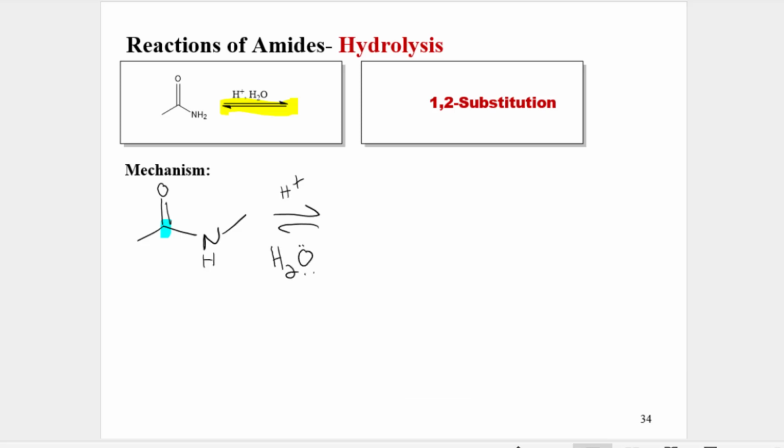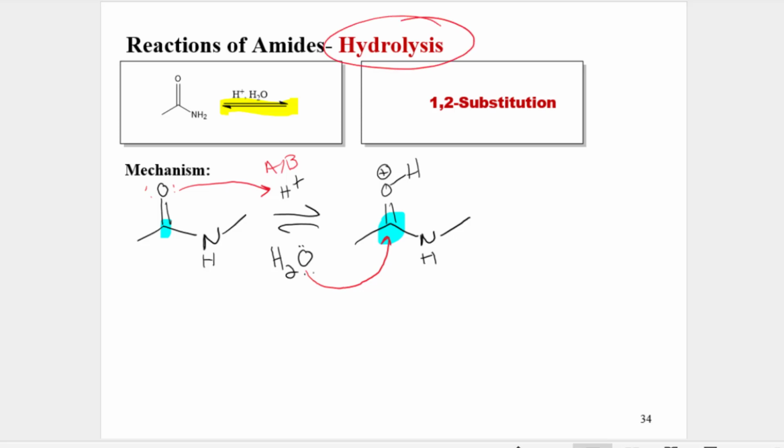We need acid-base chemistry first to get these carbonyls activated. We've seen that with the esters as well. Now that the carbonyl is more reactive, the weak nucleophile, in this case water, this is hydrolysis again, right? Hydrolysis, acid and water. Now we're going to do our in-up.